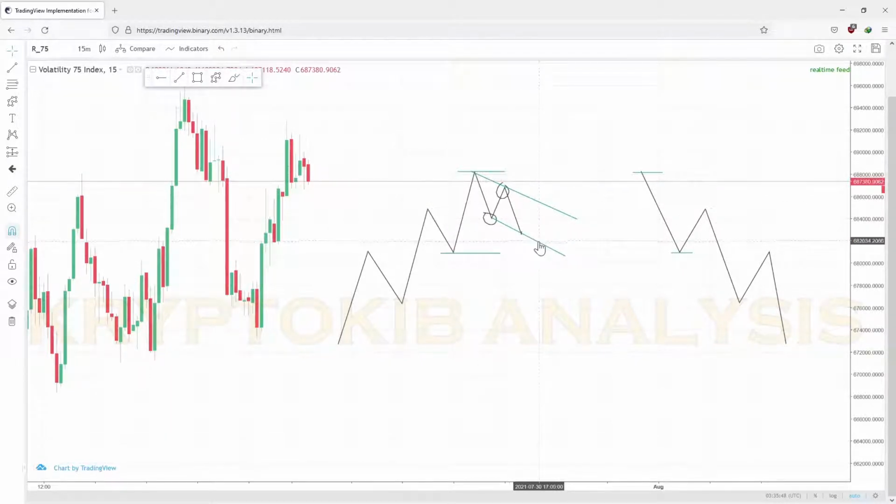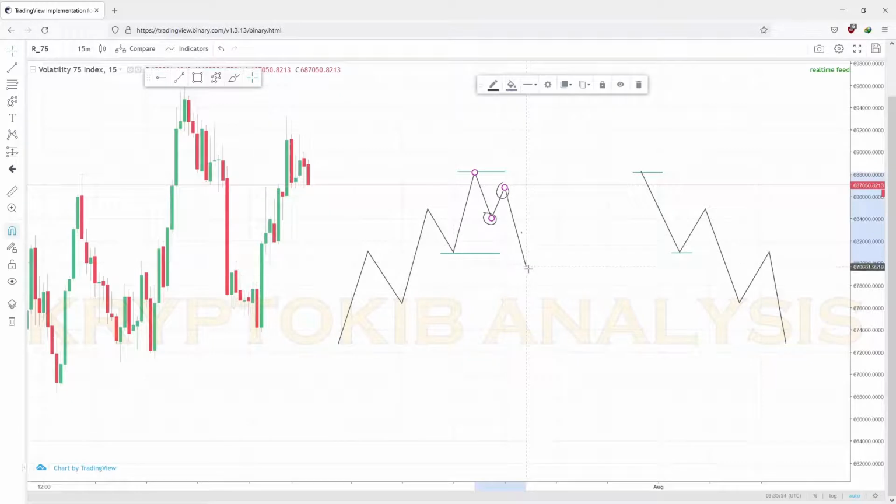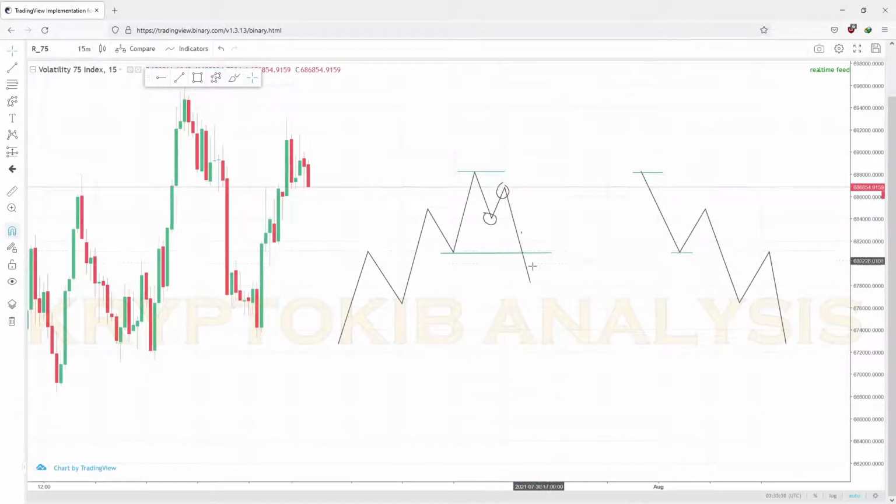But if we happen to break this invalidation level with this last move, and we have a close below it, then we 100% agree that we have a bearish break in market structure.